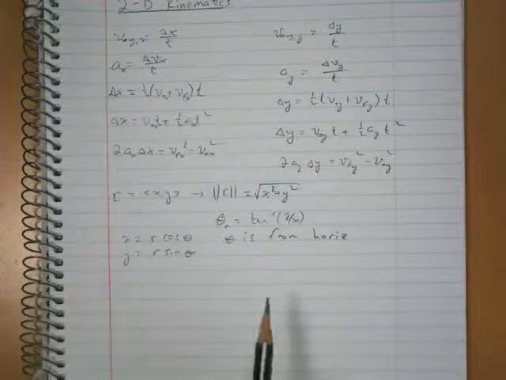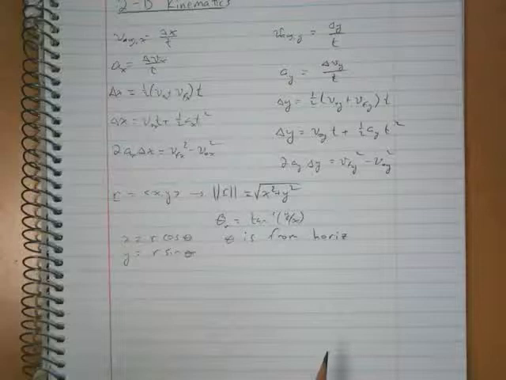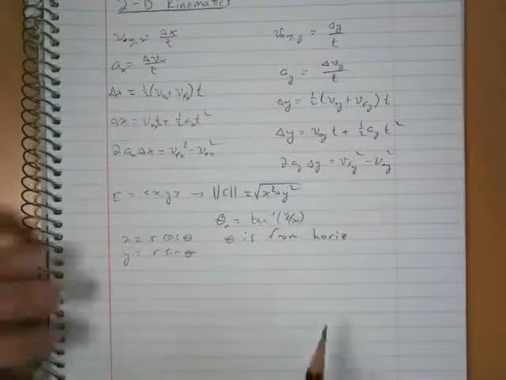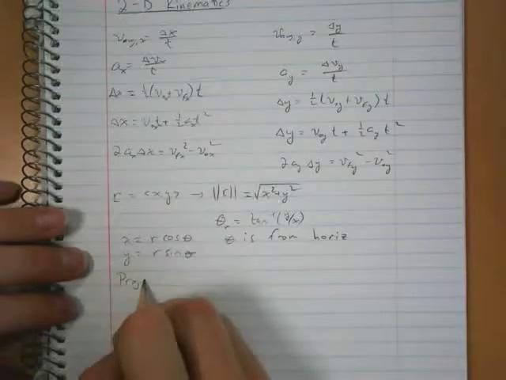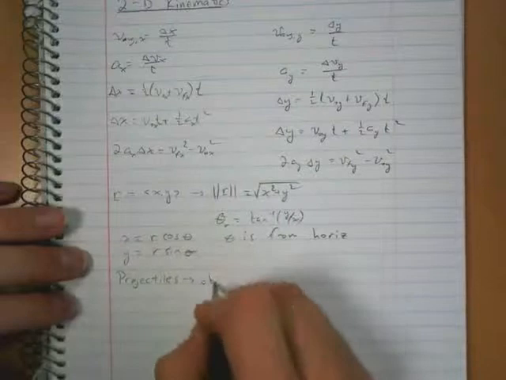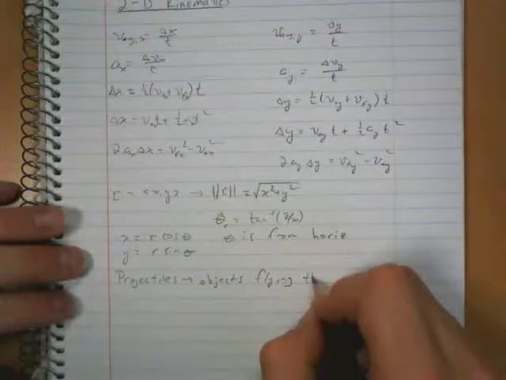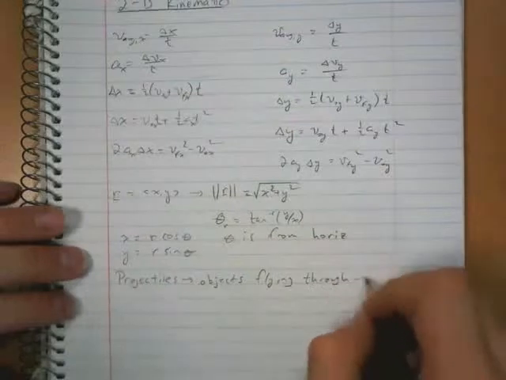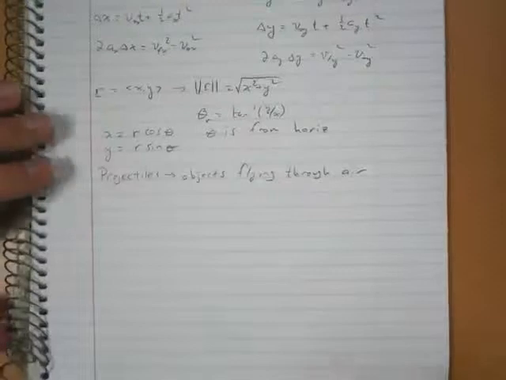For today, we're going to be dealing with a special case of 2D kinematics. Actually, a lot of dealing with 2D kinematics, we're going to be dealing with projectiles, which are objects flying through the air. Well, not flying, but thrown or fired or kicked or whatever. Objects moving through the air.